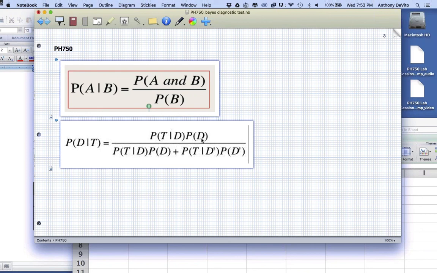Okay, now let's go to the bottom. The bottom's going to get a little bit more complicated because it includes everybody. This is only the people that tested positive that actually have the disease in the population. Bottom is going to be everybody that tested positive in the population, whether they had the disease or didn't have the disease. In other words, the true positives and the false positives are on the bottom, just like we did before, just like we did when we were using real numbers before.